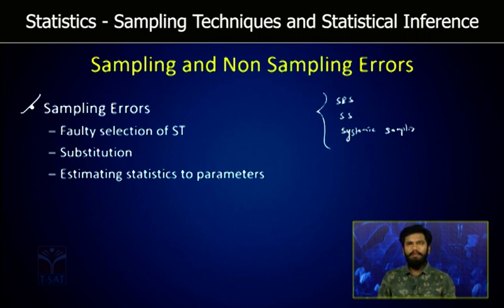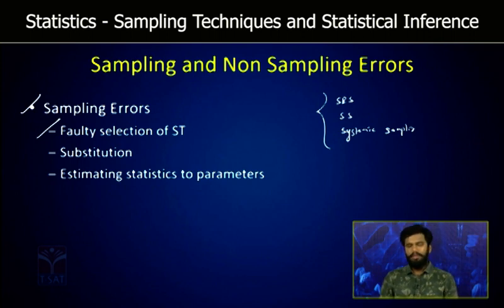So whenever you are sampling from the population, you have to be particular about which sampling technique you apply on that population. If you select the faulty sampling technique for the population, then this kind of errors will occur. The faulty selection of the sample. You have to select the appropriate sampling techniques for the populations.